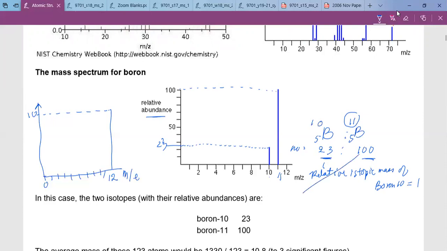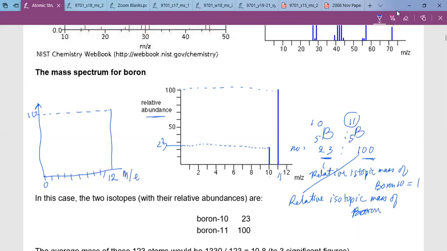This is called relative isotopic mass of boron.